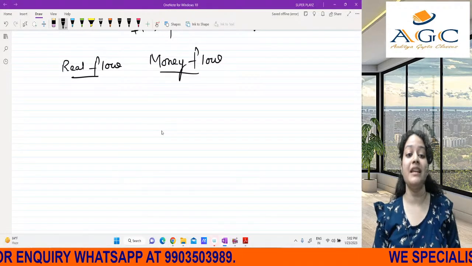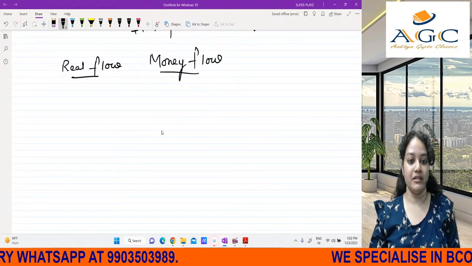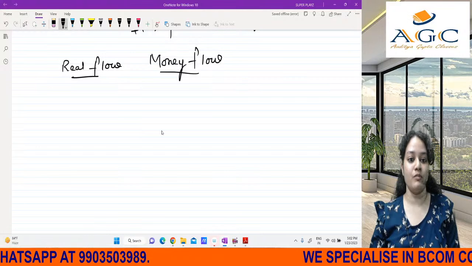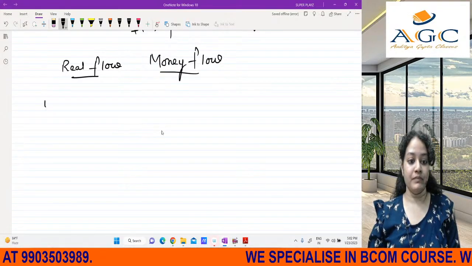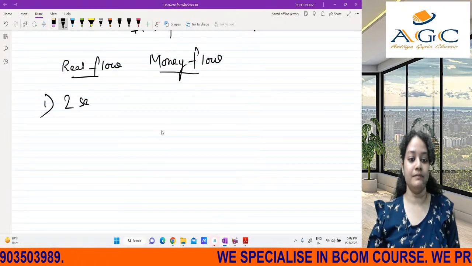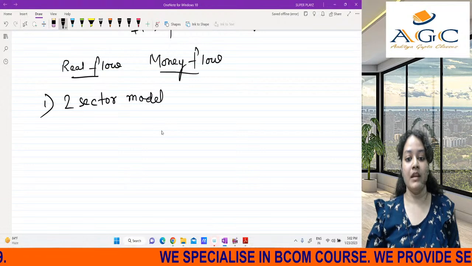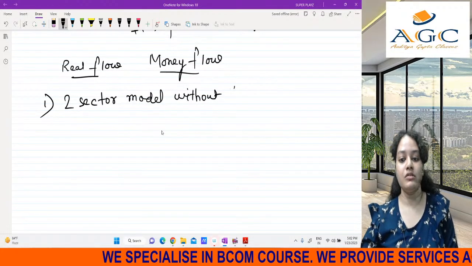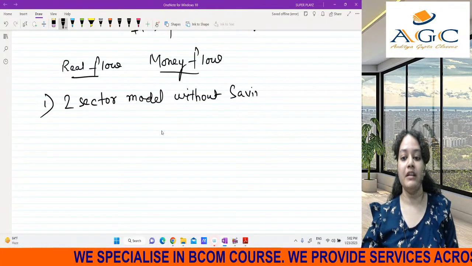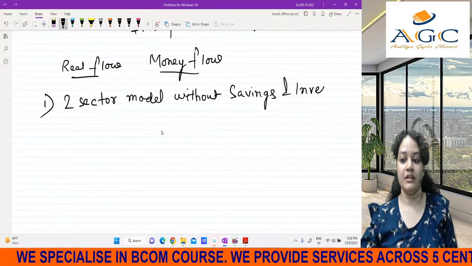Circular flow of income is an important topic for your examination. There are three sectors, the three types of models. The first one being your two-sector model without savings and investment. This one is not so important, but you might be asked about it.